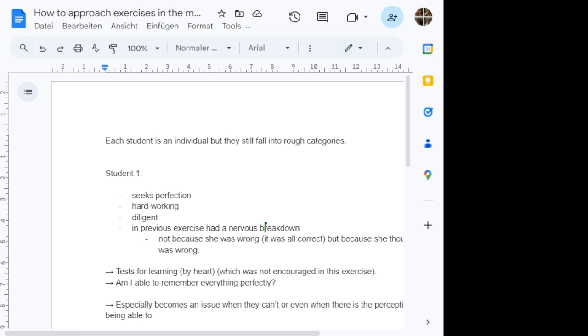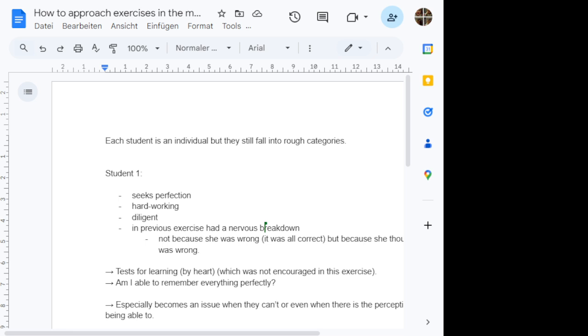Student one is very hardworking, always seeks perfection, very diligent in whatever she does, and very reliable, listens to the instructions, reads the instructions. So, in many ways, a fantastic student.